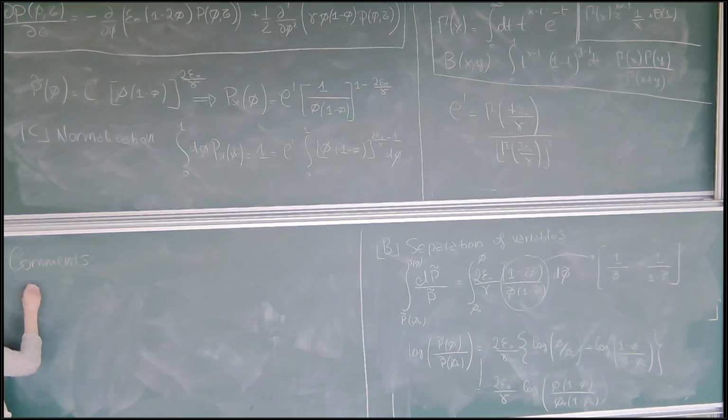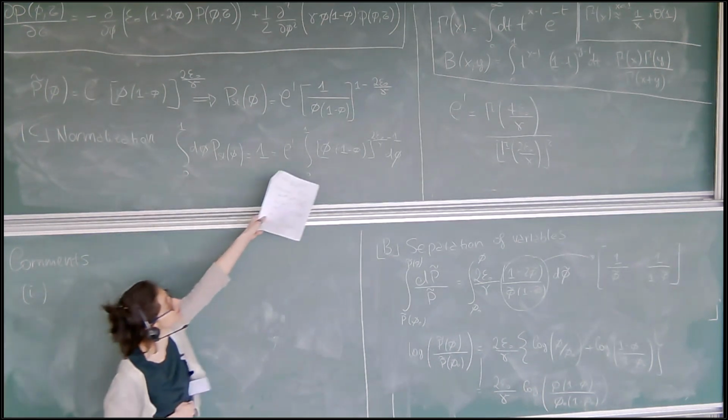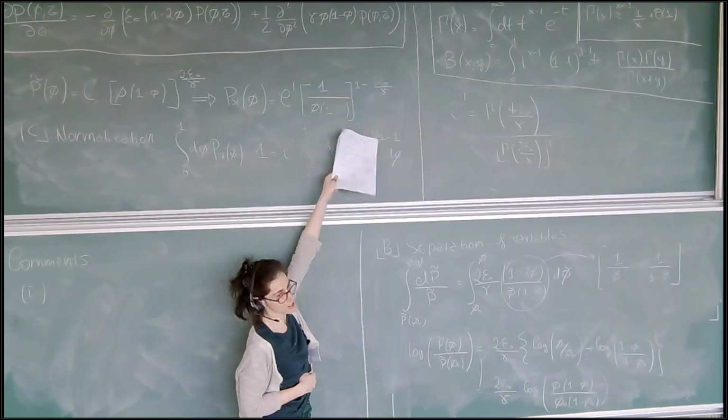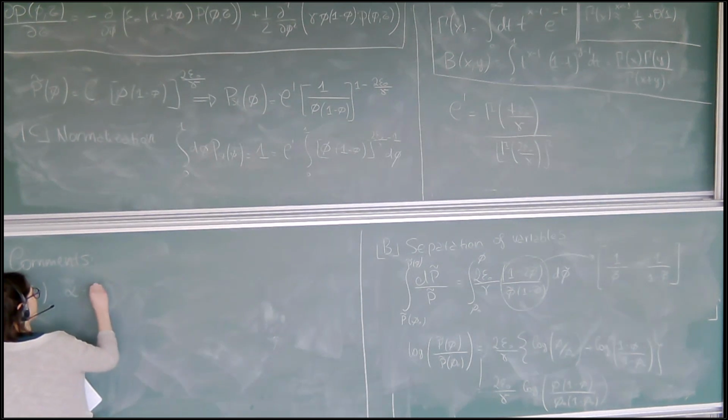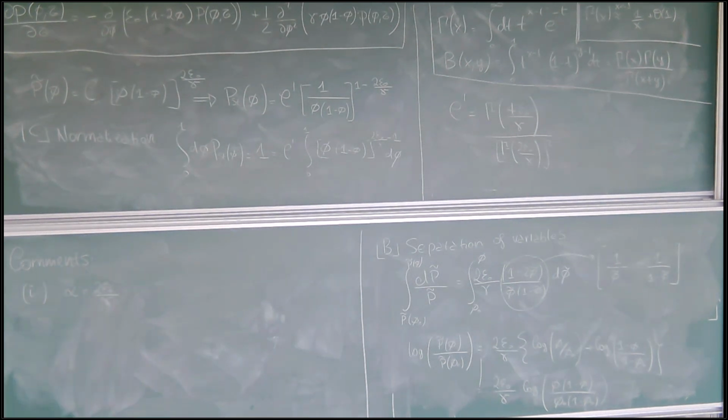So the first one is that, as we mentioned, you have this competition between epsilon 0 and gamma, and you see that this emerges in this combination, in this ratio, in the distribution that you have. So you have alpha, 2 epsilon 0 over gamma. And you have 2 situations for your stationary distribution.